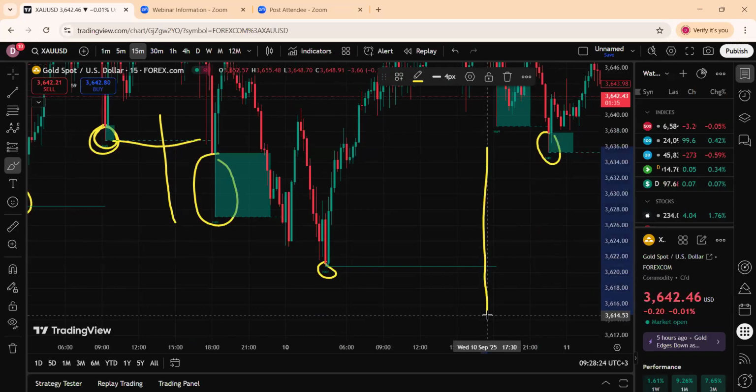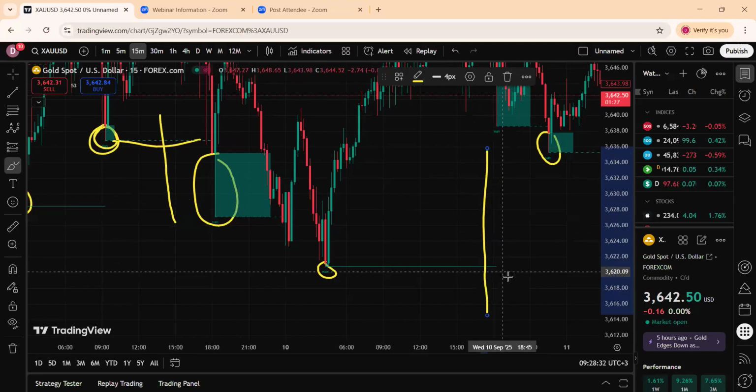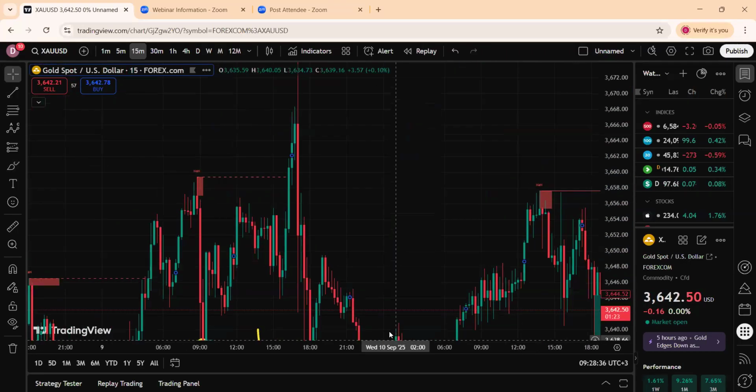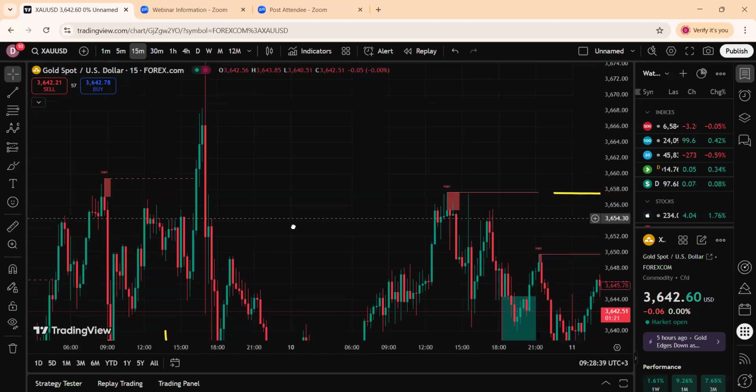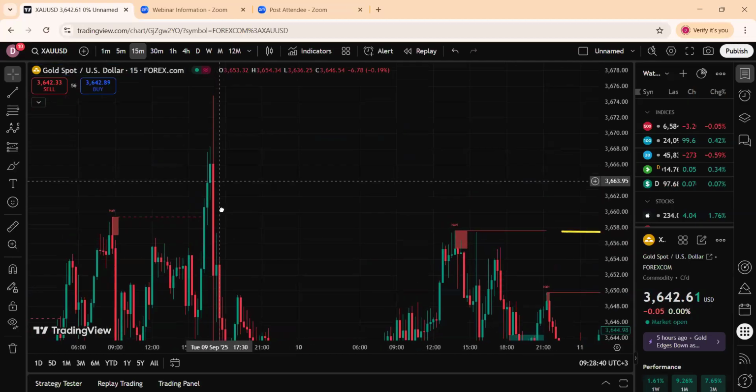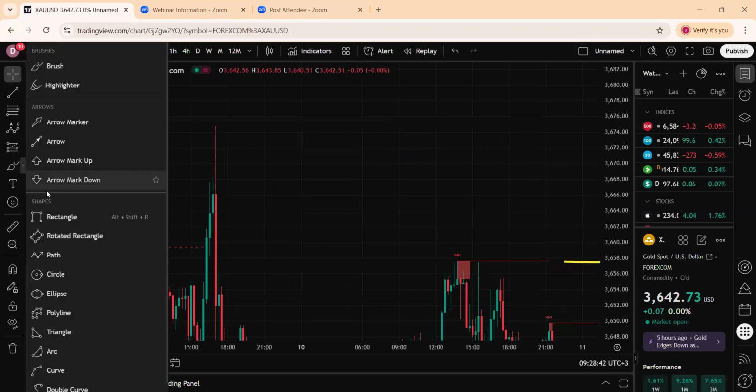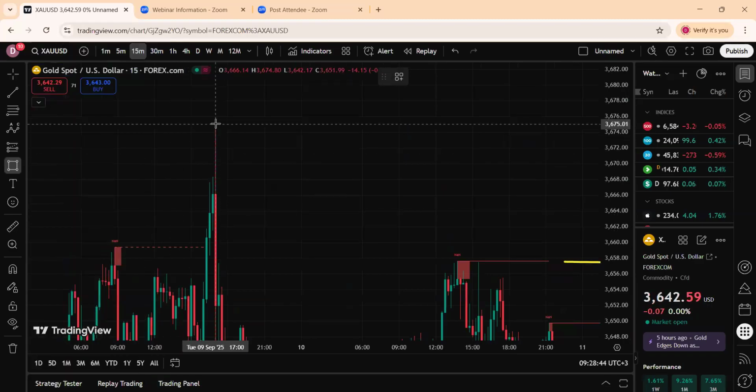That is the longest wick. It doesn't matter whether the color is red or green. That is the tallest wick, either on the lower side or on your resistance zone, on your upper side. Look at this red one. This is the candle which has caused this support.